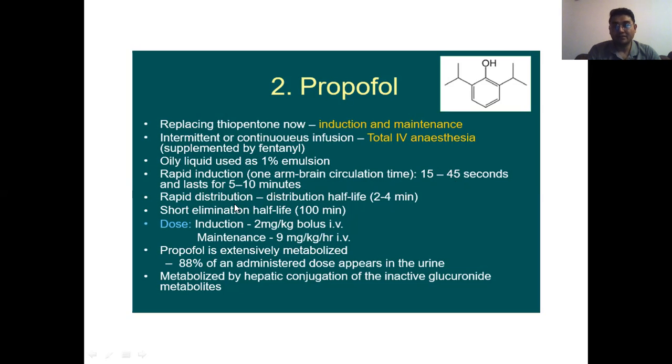For maintenance you will administer 9 milligram per kg per hour IV. For induction, you will administer 2 milligram per kg as an IV bolus, and it has rapid distribution, as I said, 15 to 45 seconds.